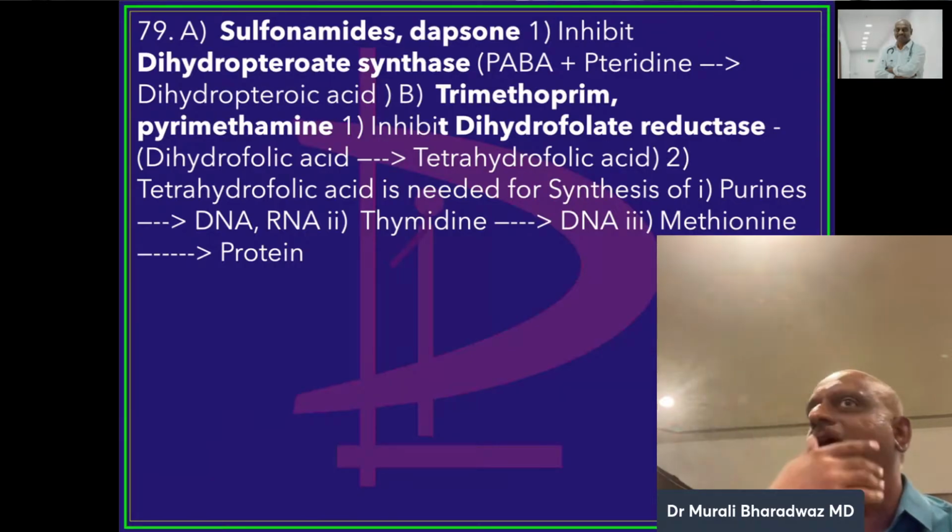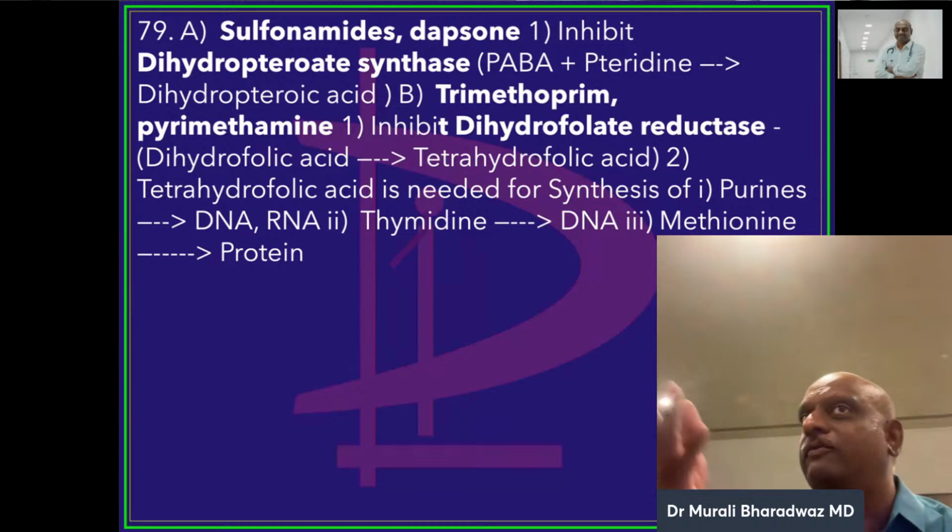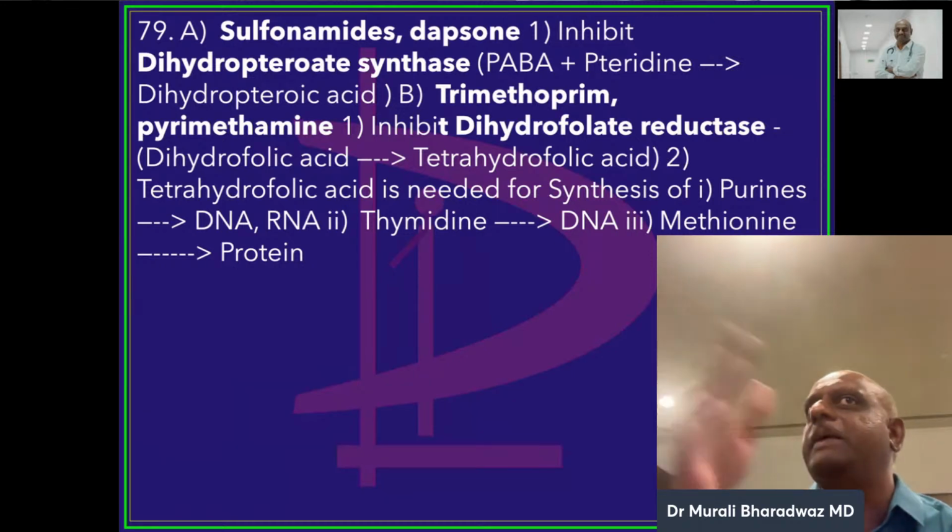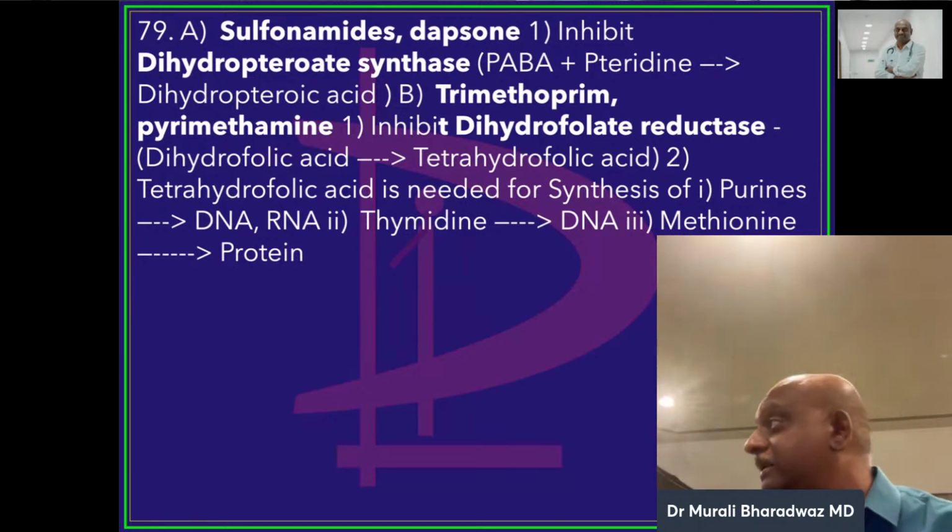That conversion is done by dihydrofolate reductase, which is inhibited by trimethoprim and pyrimethamine.